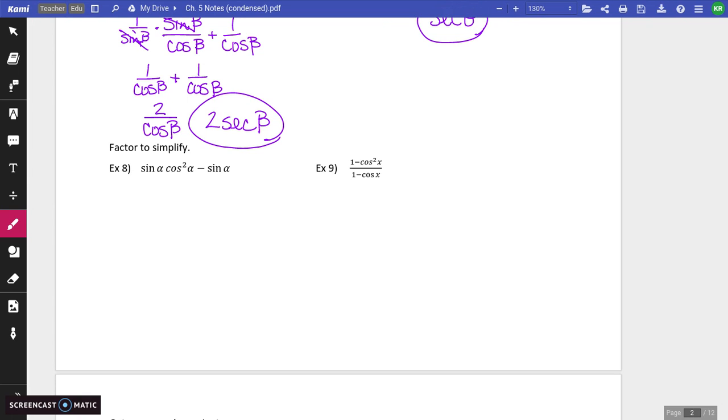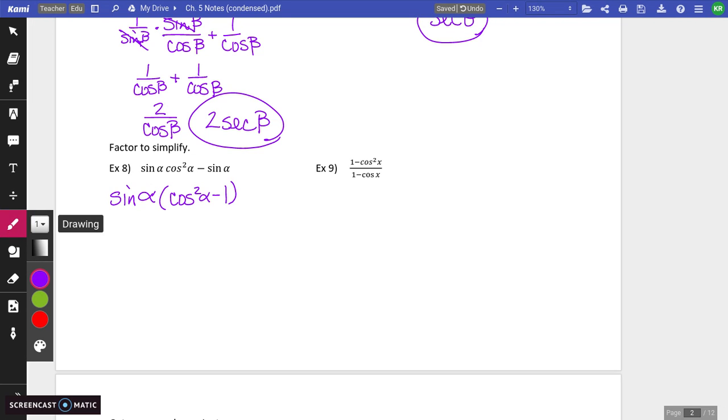If you look at both of these terms, you have a sine alpha that can be factored out. So this would be a cosine squared alpha minus 1. Because remember, if I do sine times cosine squared, that takes me back to this first term. Sine times 1 takes me back to my minus sine alpha. Okay, so I factored out that common monomial.